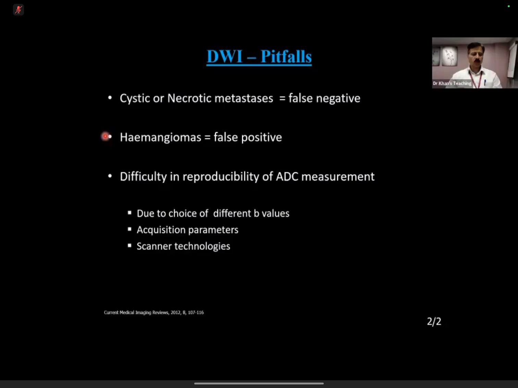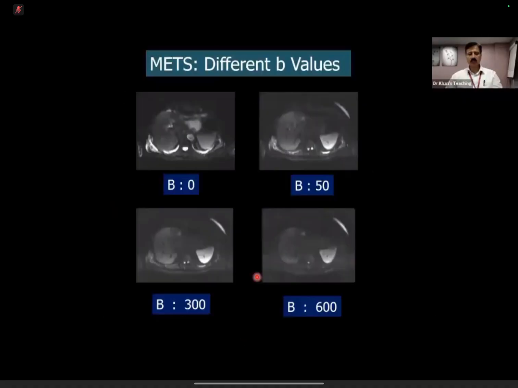Hemangioma is a classical benign tumor which will show restricted diffusion. Similarly, abscesses, just like your knowledge of brain imaging, will show restricted diffusion. As I told you before also, it is difficult to reproduce the ADC. So at times, with a small lesion, you won't be able to pick it up on ADC.